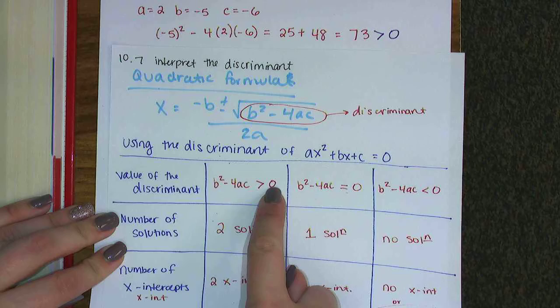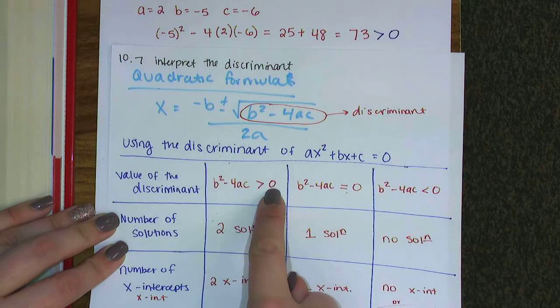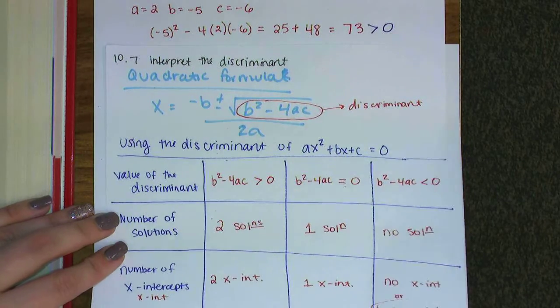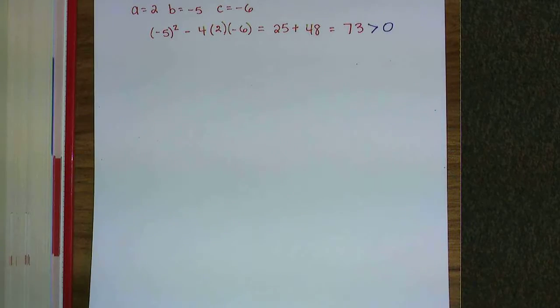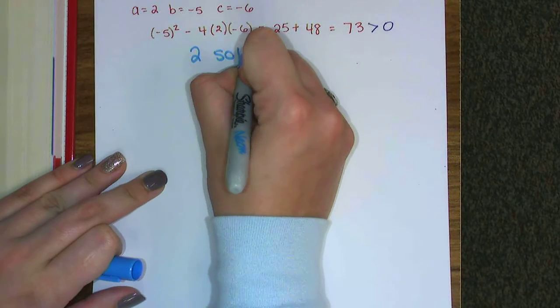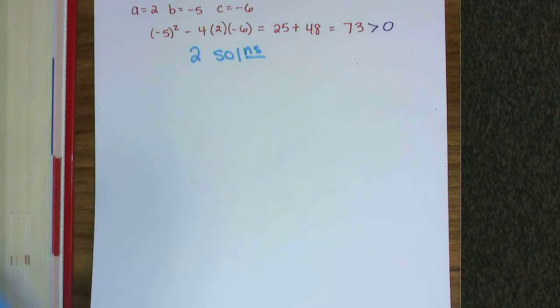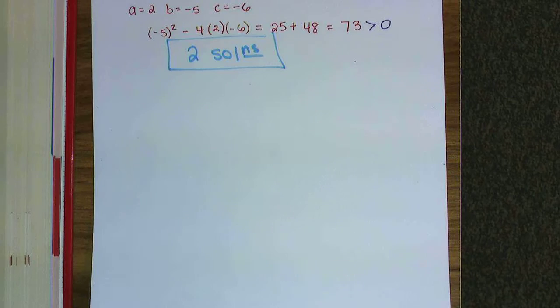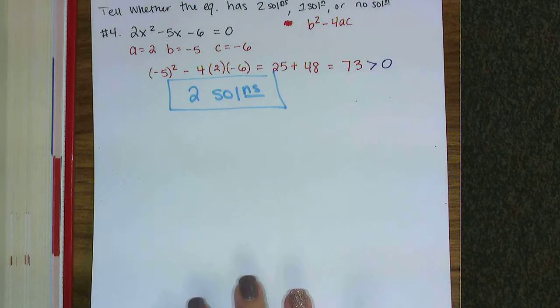It's greater than 0, so we're in this column. We want to know number of solutions. It has 2 solutions. I don't have to know what they are, but I'm going to write 2 solutions, and that's the answer. This should probably be some of the easiest math we have done all year, because you're just plugging numbers in.